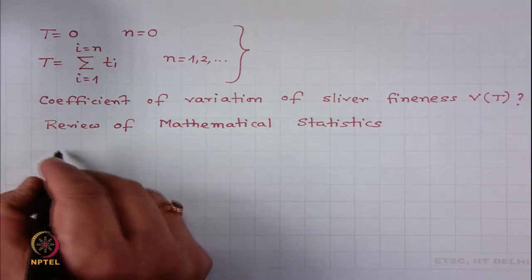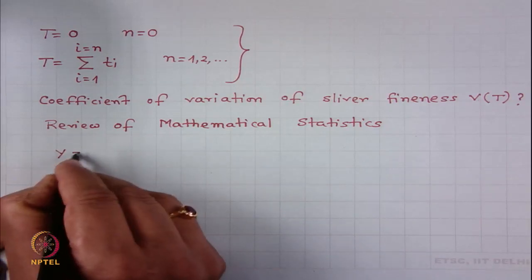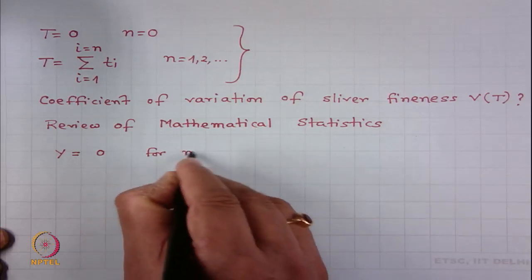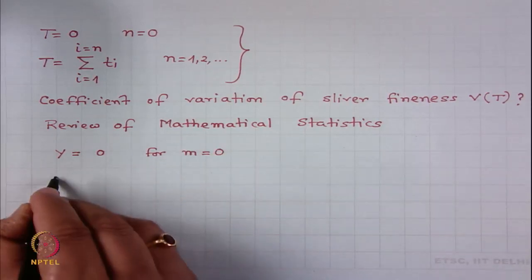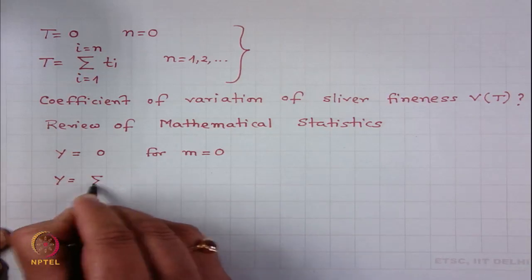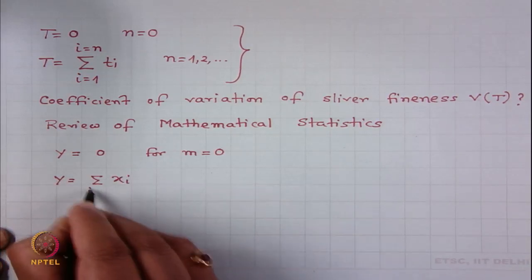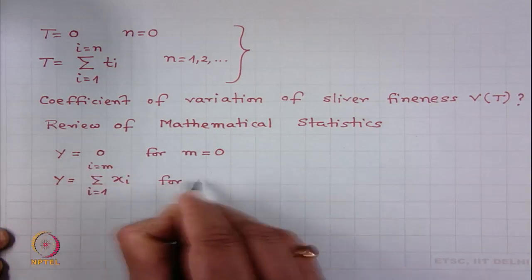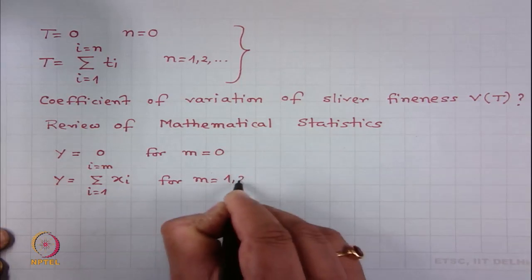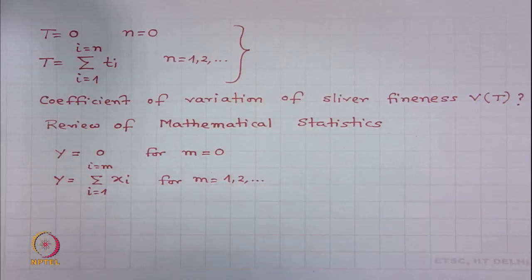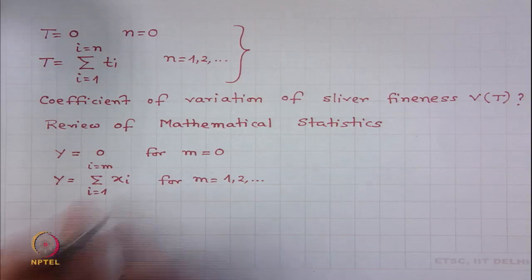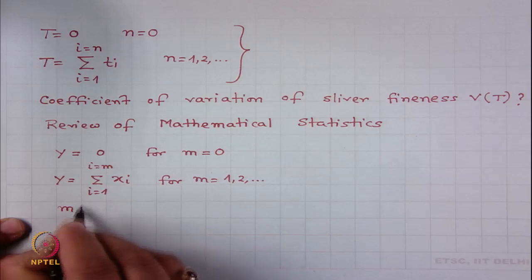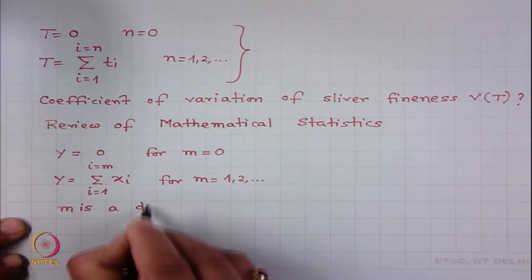Suppose y is a random variable which is equal to 0 for m equal to 0, or y is equal to the summation of x i, i from 1 to m, for m equal to 1, 2 and so on. Here m is a discrete random variable, a number.